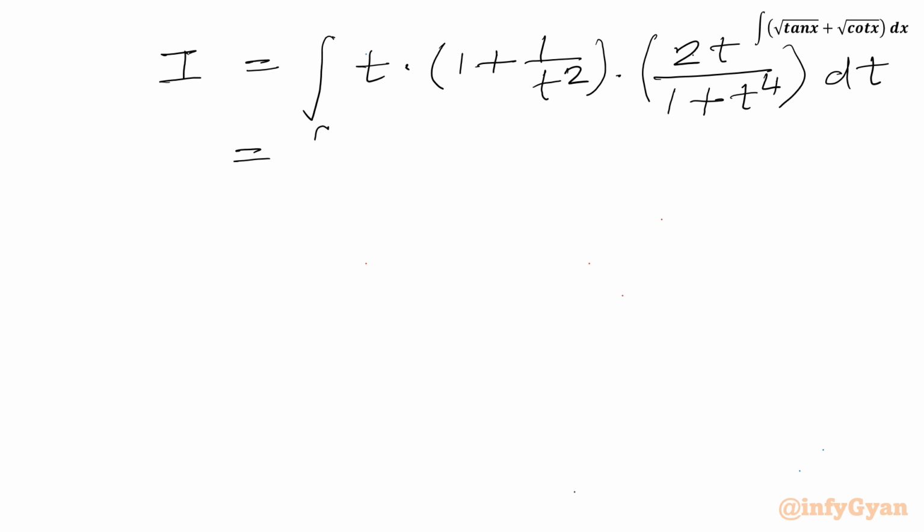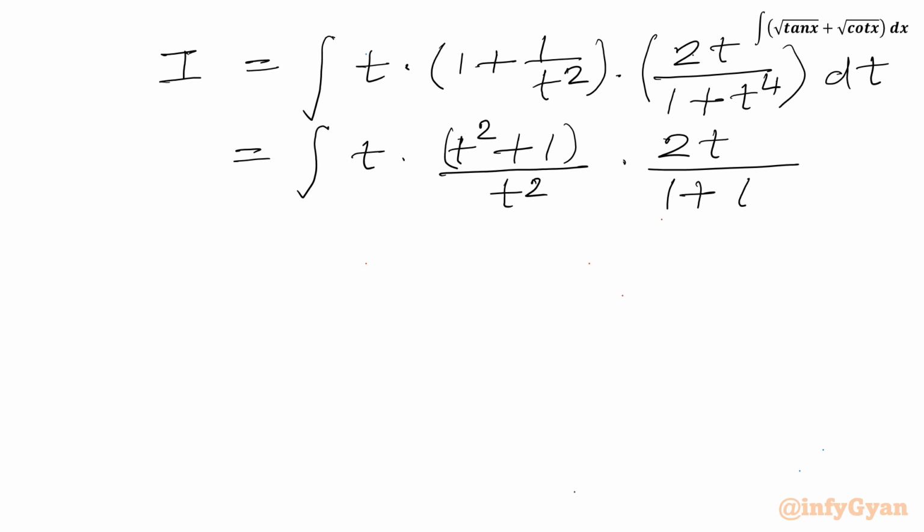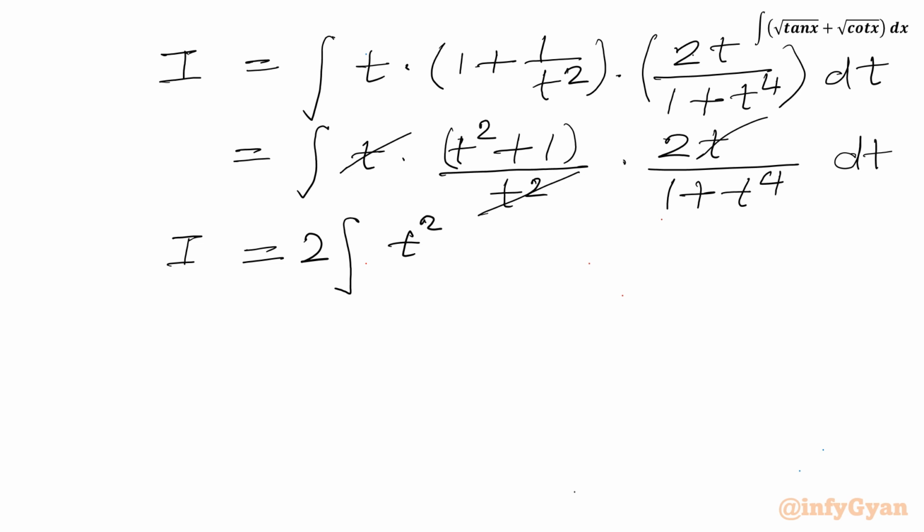Now I will take LCM, so I will be writing t as it is. This will be t square plus 1 over t square. Here we are having 2t in the denominator 1 plus t power 4 dt. Now we can cancel t square with the denominator t square. So the ultimate value of I will be integration 2 is constant. So I will be writing t square plus 1 over t power 4 plus 1 dt.